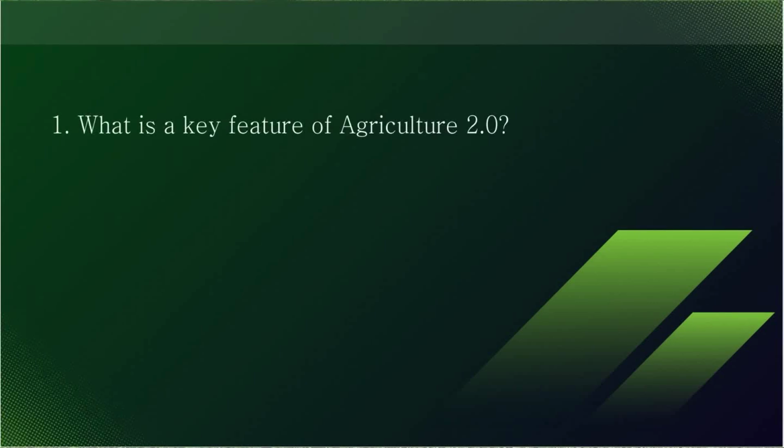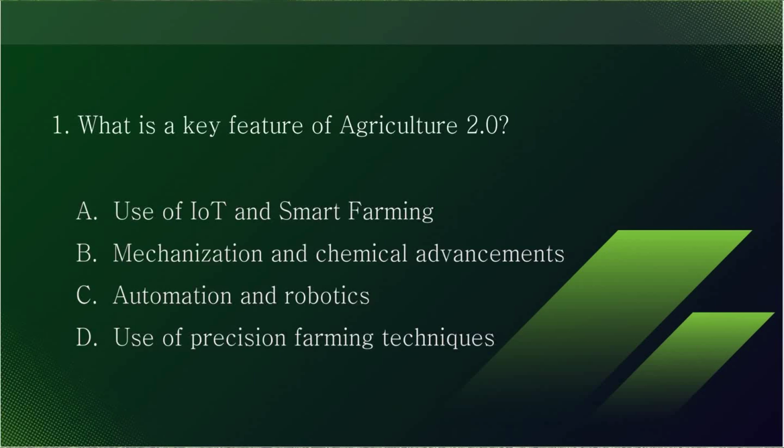So, dear learners, before we conclude, let us pause for some small questions. First one is, what is a key feature of Agriculture 2.0? Number 1, use of IoT and smart farming. Number 2, mechanization and chemical advancement. Number 3, automation and robotics.